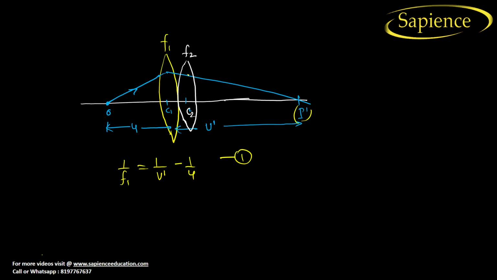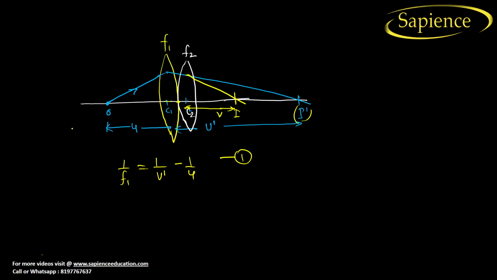So it will try to bend it more. So finally we have got an image I. The image distance will be v. Basically C1 and C2 are very close to each other, so we are taking v from this center only. So this is v.